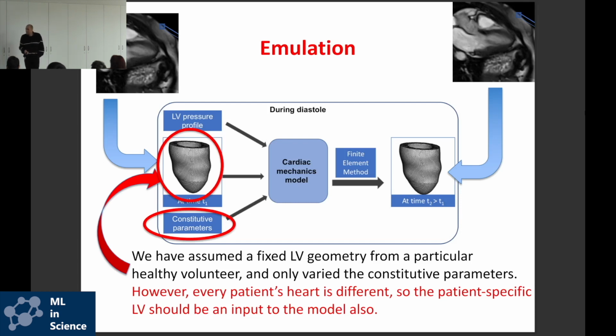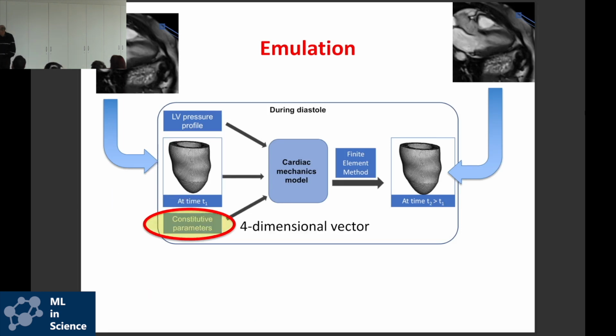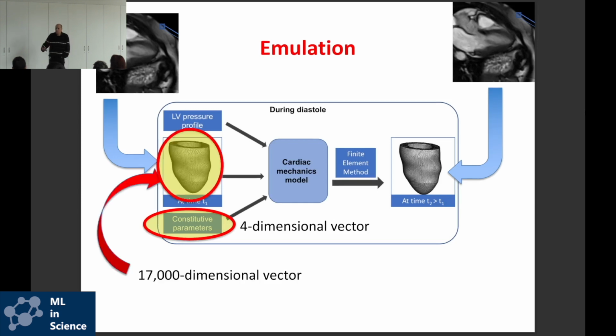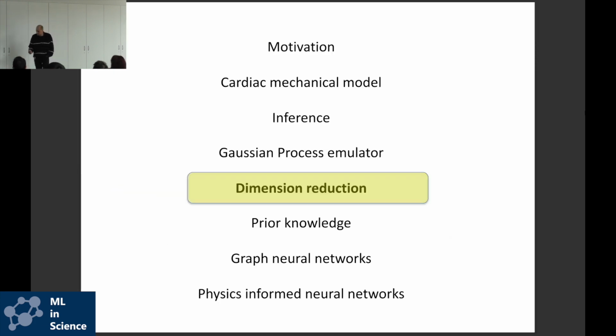And you see that is a challenging task because you only look at 4 constitutive parameters, and building an emulator in 4-dimensional space isn't so challenging. But then our left ventricle is described by a 17,000 dimensional grid, the high-dimensional vector that has to be integrated into the emulator. So that leads now to the next task of dimension reduction.